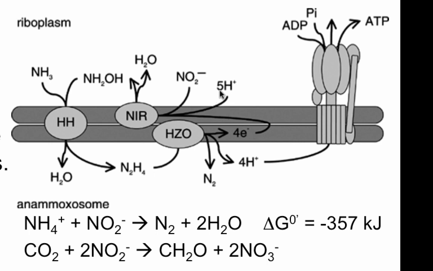Those 4 electrons eventually will combine with 5 protons as well as a nitrite molecule, and that reaction will happen in the nitrite reducing enzyme, which is going to produce a water molecule and hydroxylamine that can then be used again to combine with another ammonia. The protons generated when the hydrazine donates its electrons are able to pass through the ATP synthase in the membrane of the anammoxosome and produce ATP.